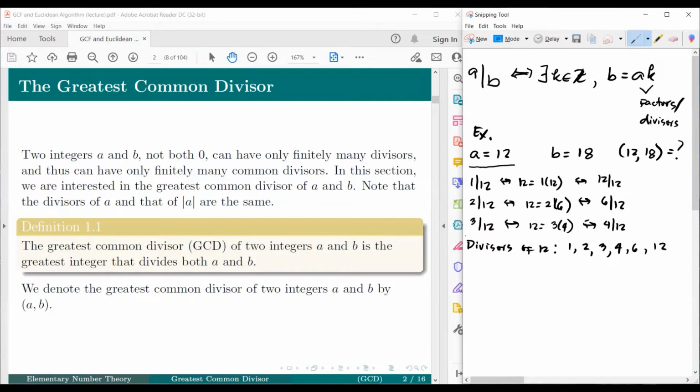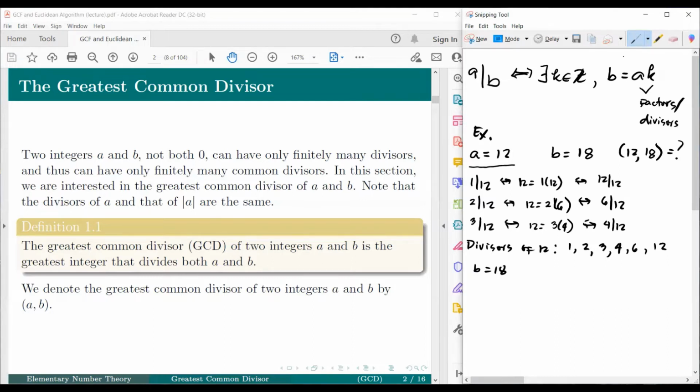So next, for b equals 18, let's try to find the divisors of 18. By the way, you can check the pairing of divisors so that you might not miss any divisors.